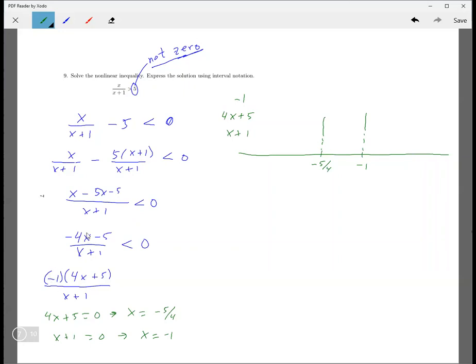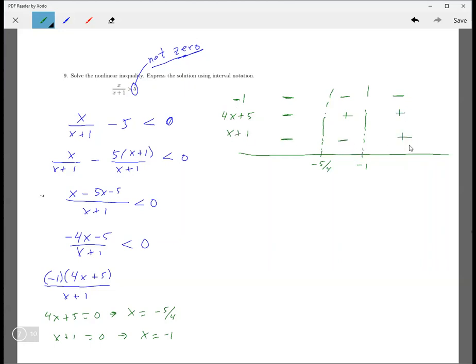You could also just leave it as negative 4x minus 5. That's a bit more confusing. But pulling this out as a negative 1 is fine too, because you just say that's negative there, negative there, negative there. This is always negative no matter what x is. This one is negative there, but then it flips right here. This is negative there and there.